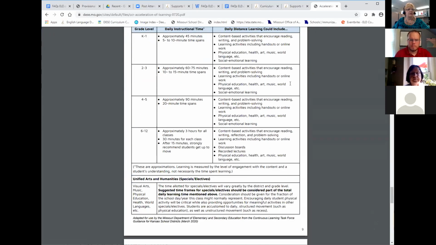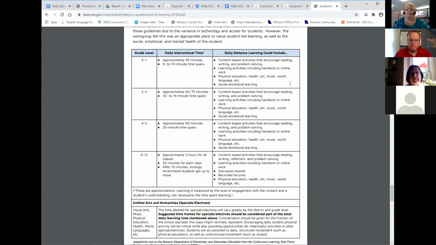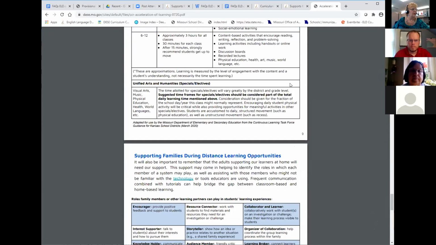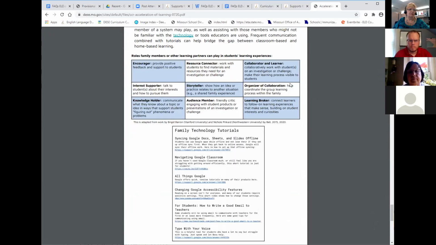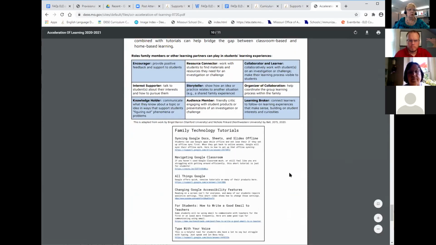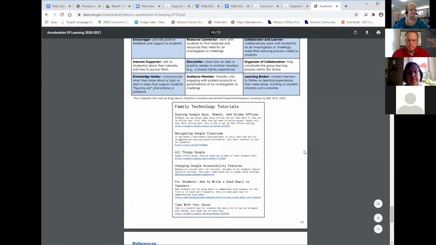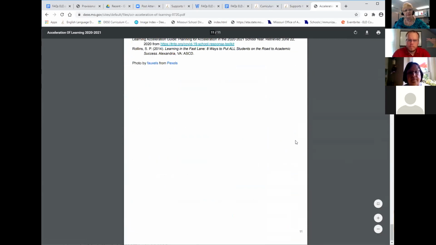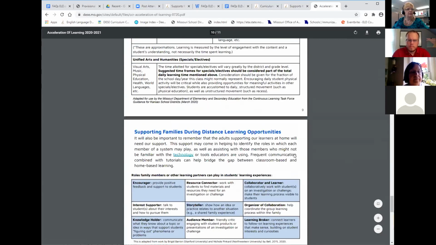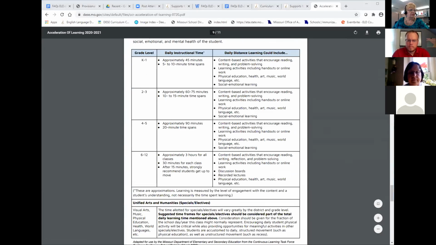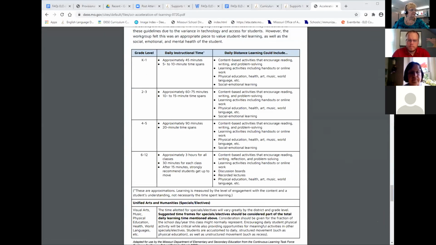Then it has the amount of time that should be given to remote and distance learning, some supports for families, some tutorials for technology, and then the references that were used in creating the document. So it's a very well put together document. And I already talked about the AMIs and the acceleration of learning.